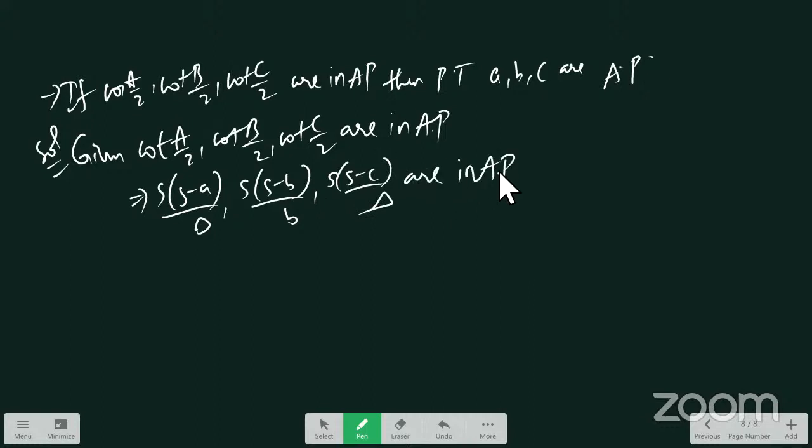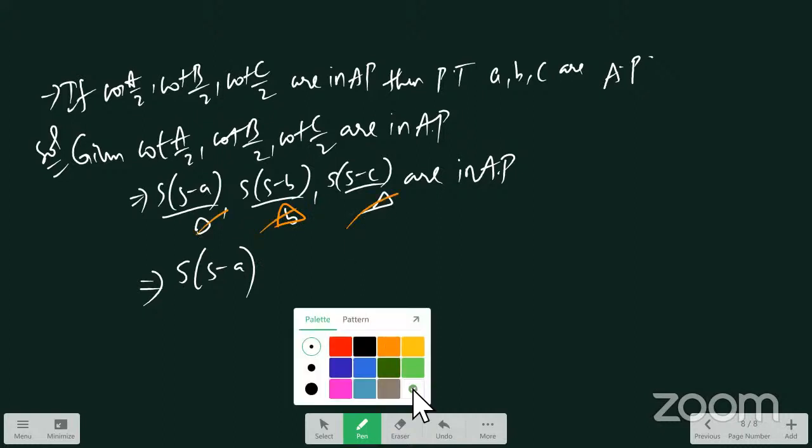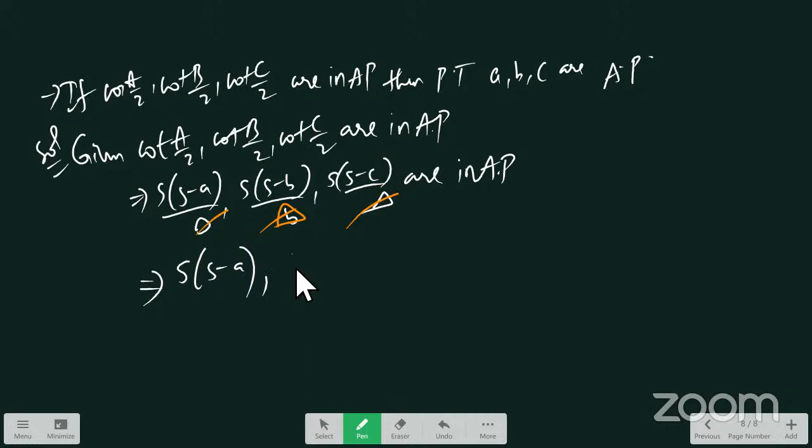Cot A by 2 formula is s into (s minus a) by delta. Is it clear? See, the delta is the common part, so delta gets cancelled. That implies s into (s minus a), s into (s minus b), s into (s minus c) are in AP.